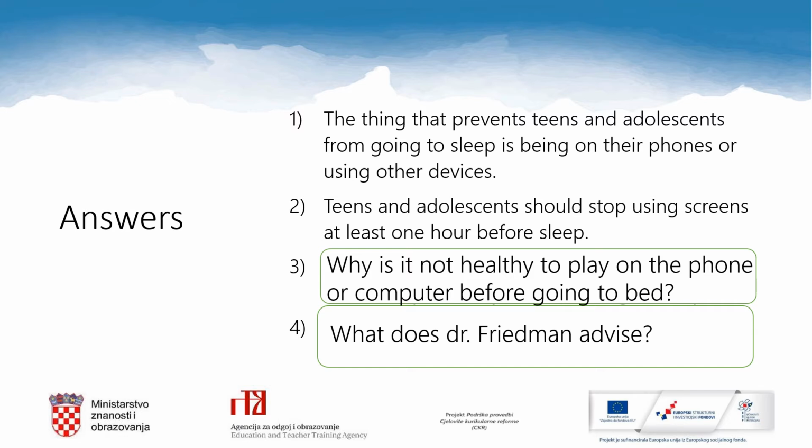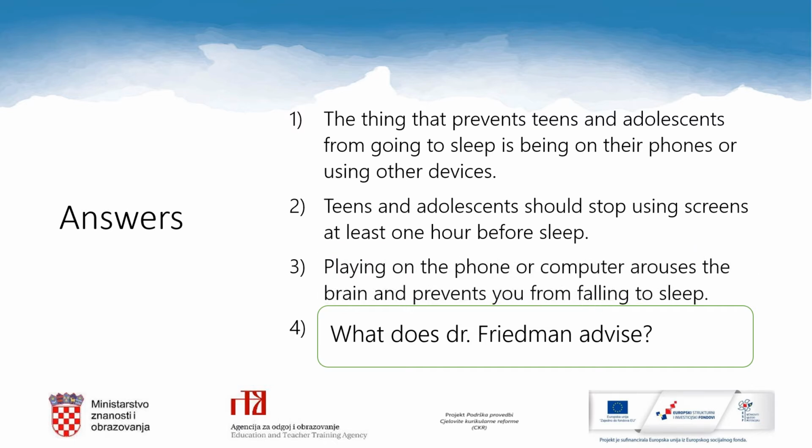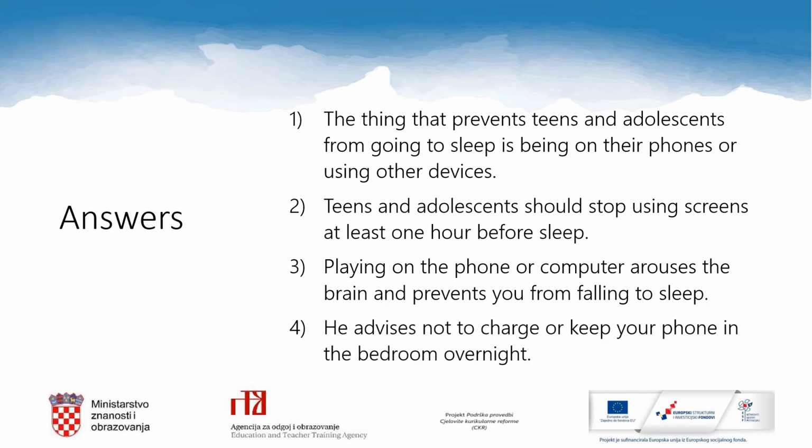Why is it not healthy to play on the phone or computer before going to bed? Playing on the phone or computer arouses the brain and prevents you from falling to sleep. And what does Dr. Friedman advise? He advises not to charge or keep your phone in the bedroom overnight.